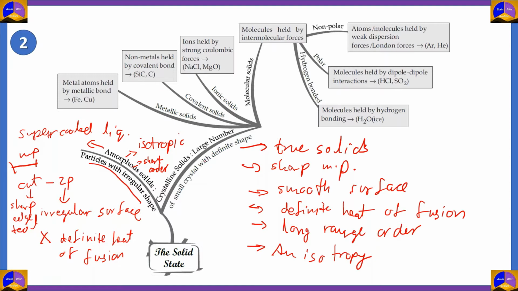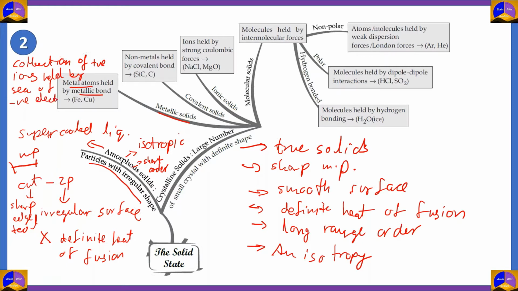However, crystalline solids are further divided into many other components. The first one is metallic solids. Metallic solids are basically metal atoms which are held by a metallic bond. So these are a collection of positive ions which are held by a sea of negative electrons.